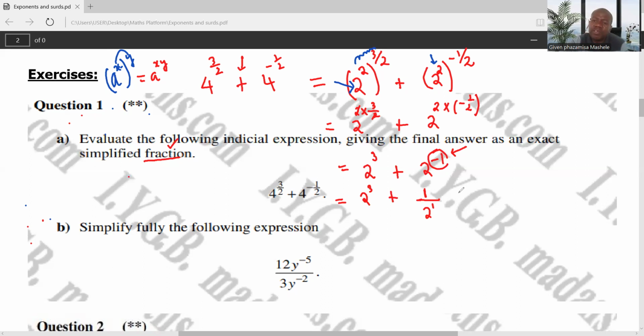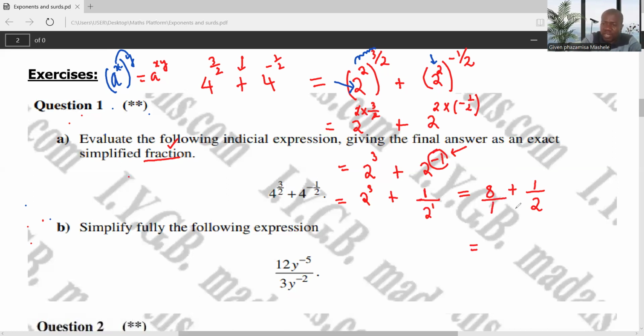Simplifying, 2 to the exponent of 3 is the same as 8, plus 1 over 2. We need to simplify this without using a calculator, or you can also use a calculator. This is 1 over 2, it's a fraction. I think I've shown you how to simplify fractions.